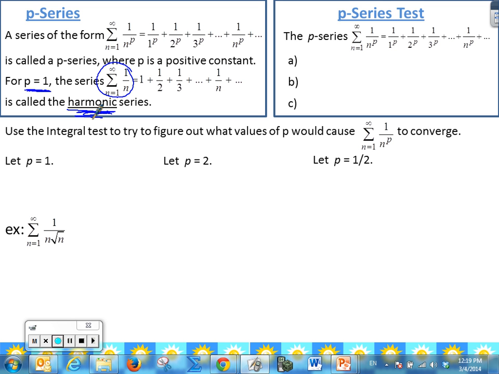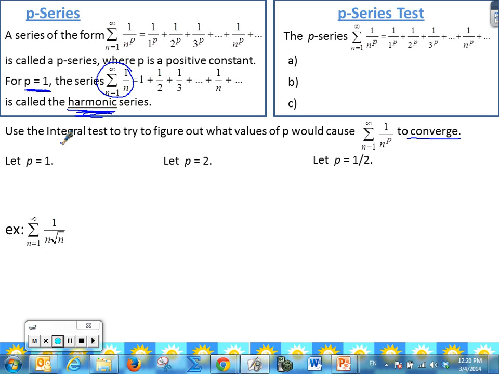So there are rules for the P-series. We could use the integral test to calculate what values of P would cause this to converge or diverge. I'll just work one of them for you. And I'm hoping that, if you forget which is which, you could do the integral test real quick and see what happens.